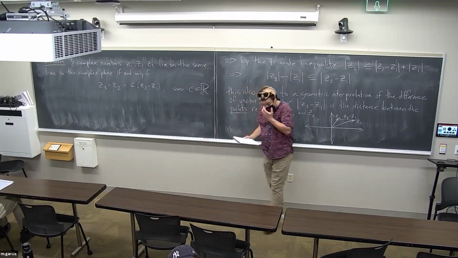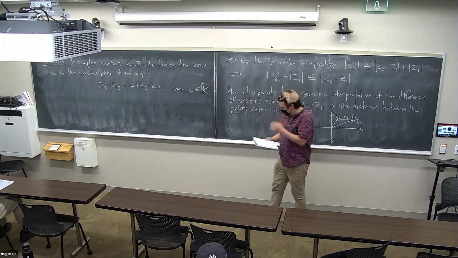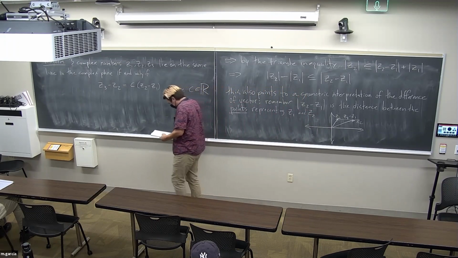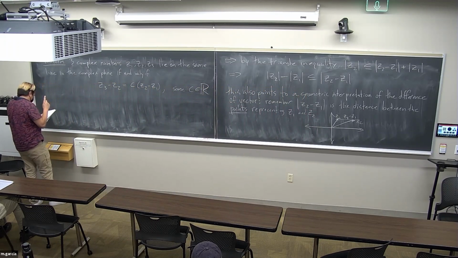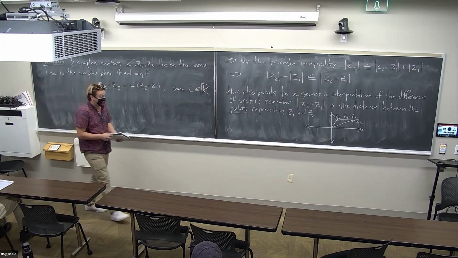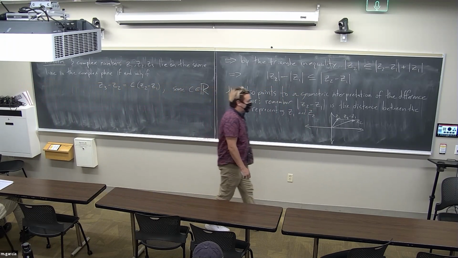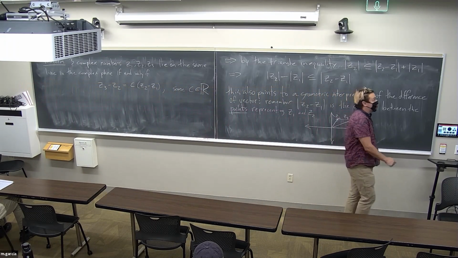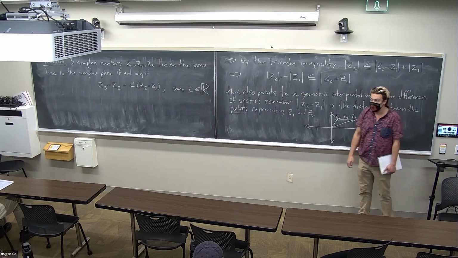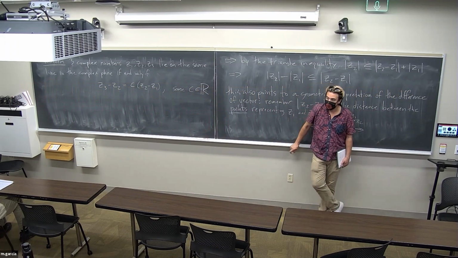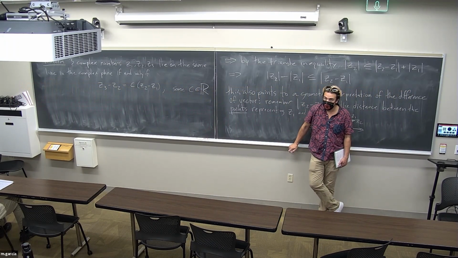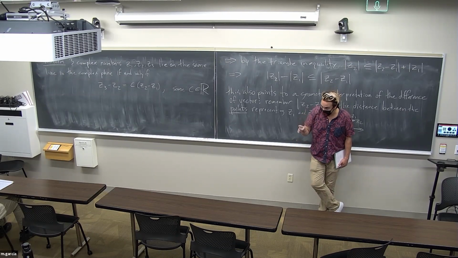Okay, so can anyone remind me how to tell when two vectors are parallel? Yes. The dot product is twice the magnitude. Or no, the square of the magnitude. So the dot product, that's almost right.